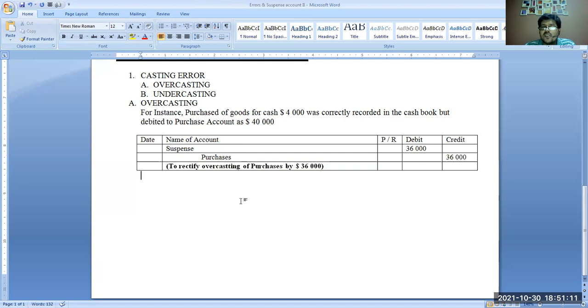This is how one component will always be suspense. Why? Because the cash was correctly recorded in the cash book, so we don't need to rectify cash. Cash is correct. We have to credit purchases because it is overly debited. So purchases is credit and suspense is going to be debit. This is called overcasting.